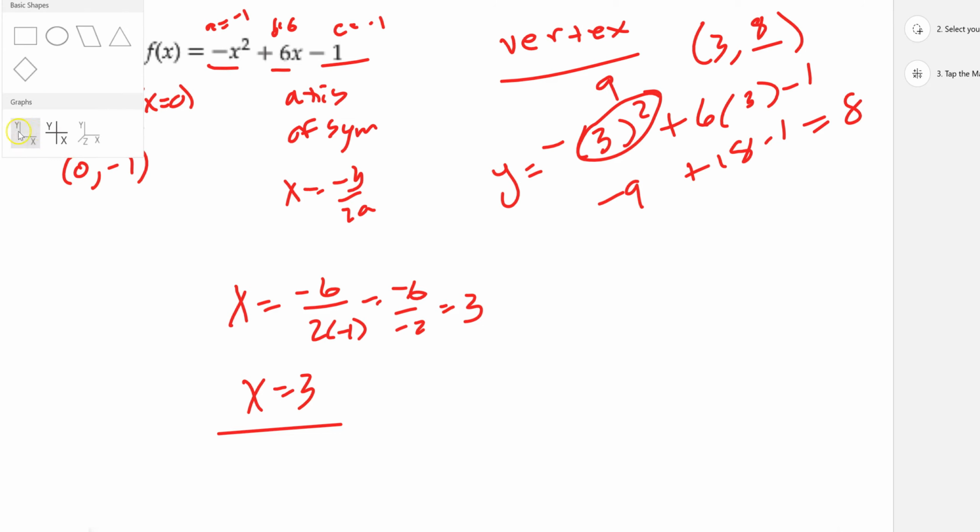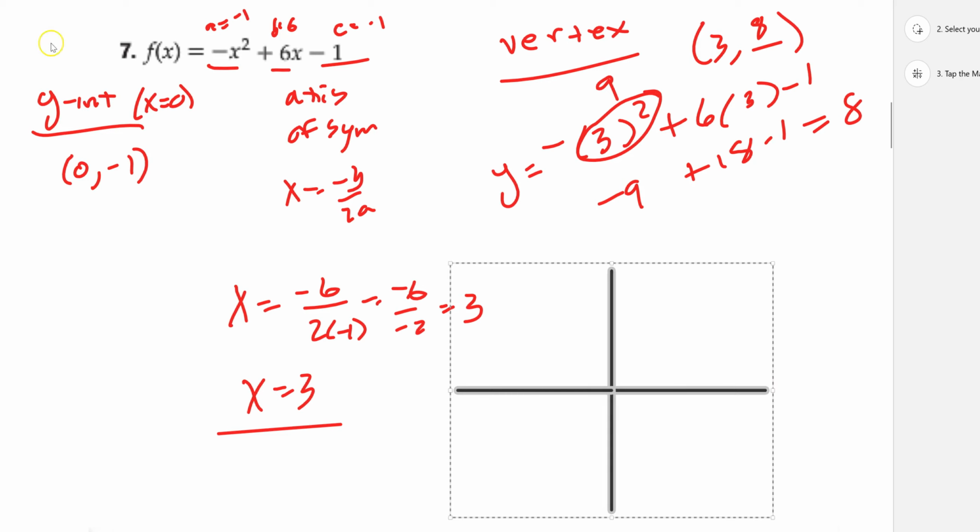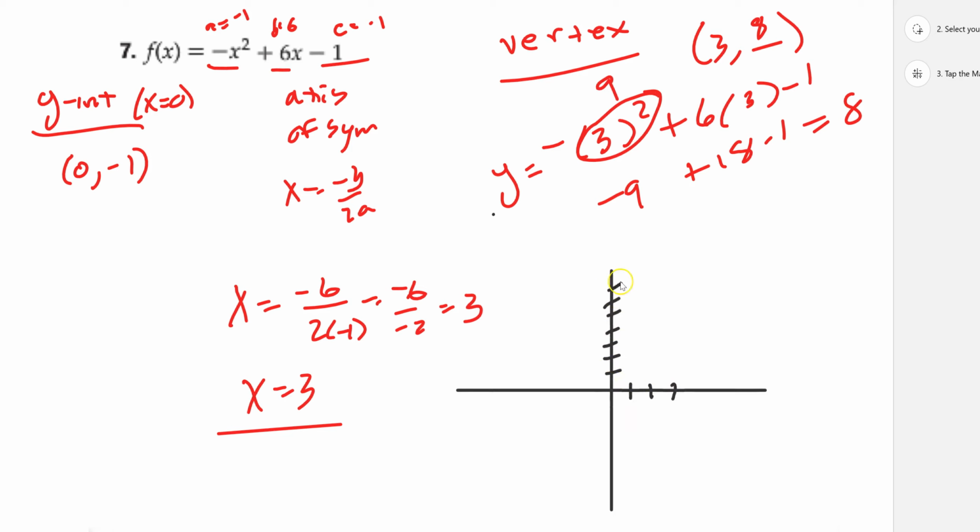So now if we're going to graph it, I always forget I have shapes here. Make a grid. There we go. Now if I want to graph it, I just got to go 3 and 8, so 1, 2, 3, and 1, 2, 3, 4, 5, 6, 7, 8. Right there.